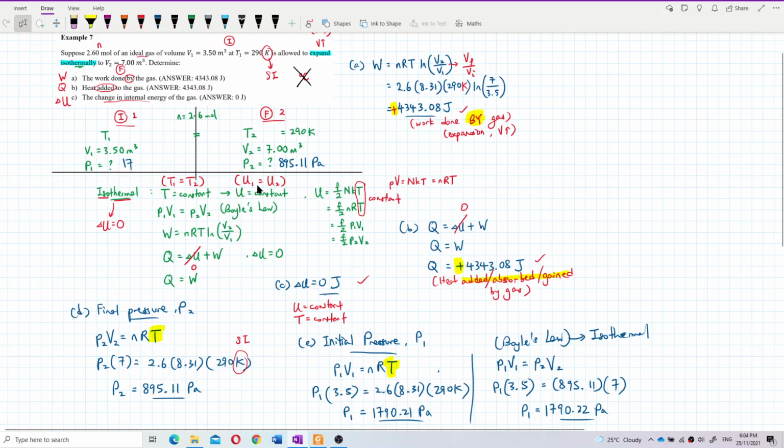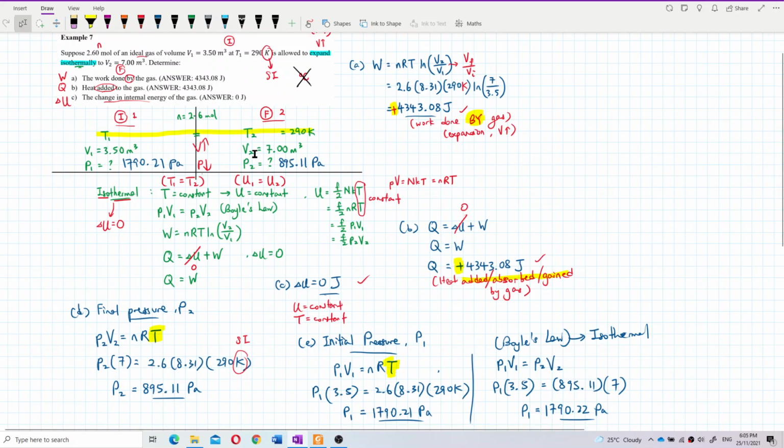Pressure 1 is 1790.21 Pascal. Only the temperature is constant for an isothermal process, but the volume and the pressure change. Here volume increases but pressure decreases.